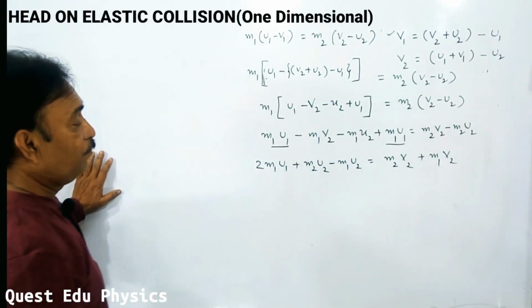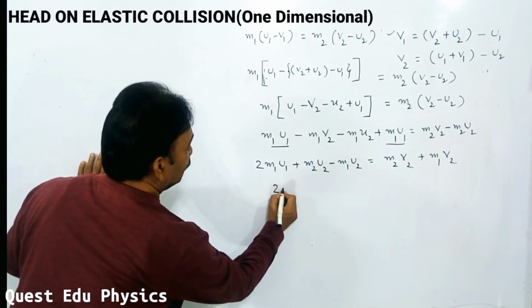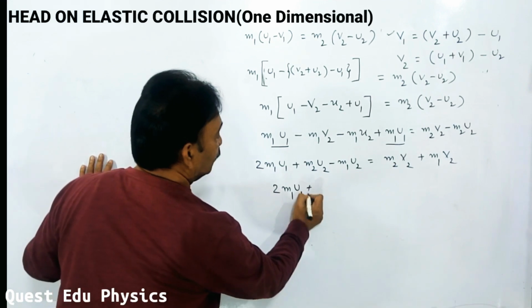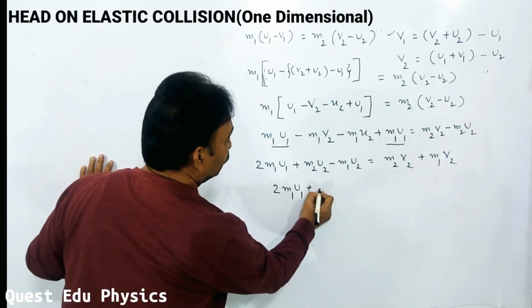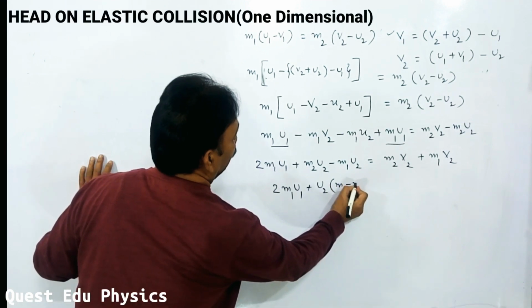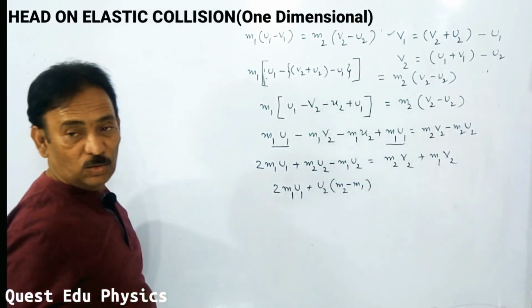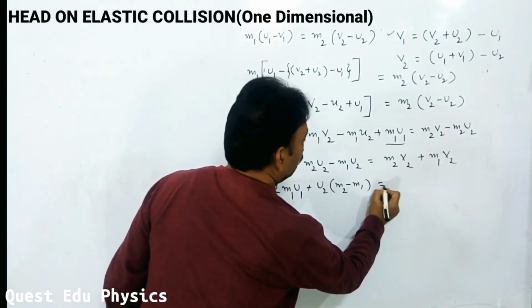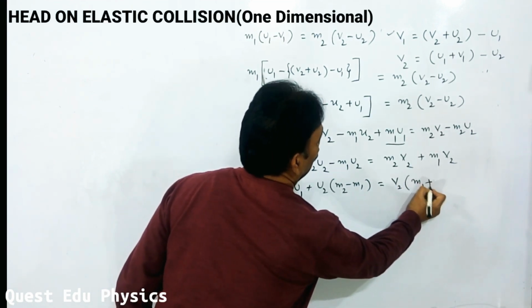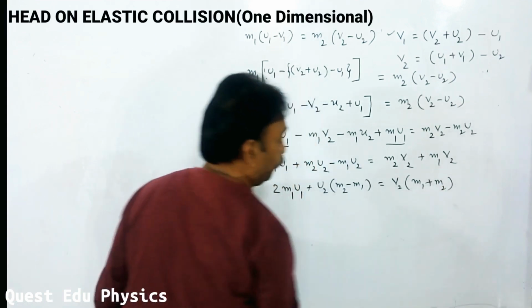Then it can be written as 2m1 u1 plus u2 is common, u2 of m2 minus m1, is equal to v2 of m1 plus m2.